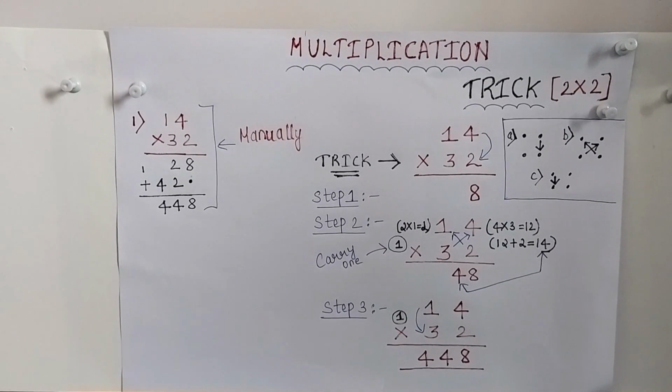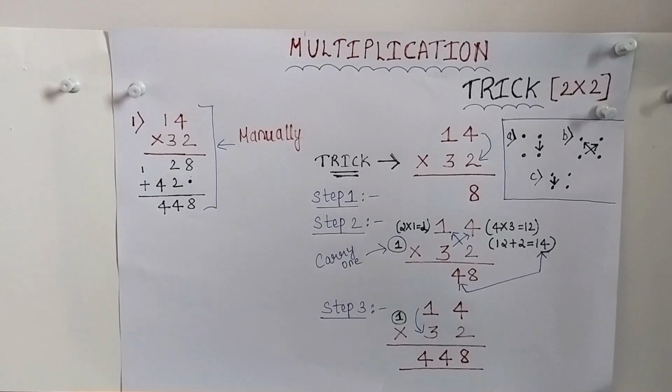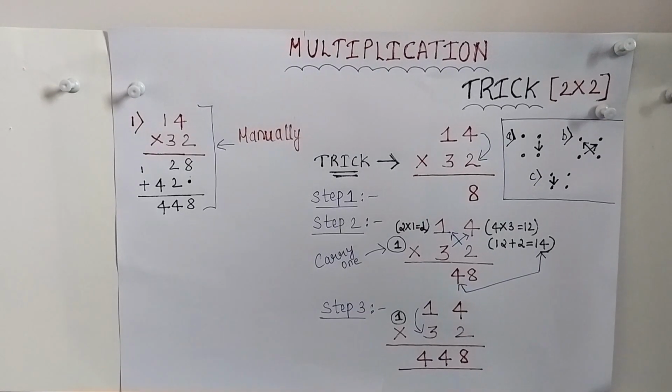Okay students, now I will teach you a multiplication trick. Okay. Manually, if you solve multiplication of 2 by 2 or 3 by 3 digit in competitive exams, manually how we used to solve in schools or colleges, that would take a lot of time, that would waste a lot of time.